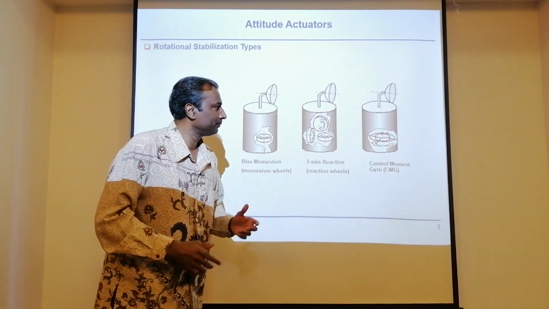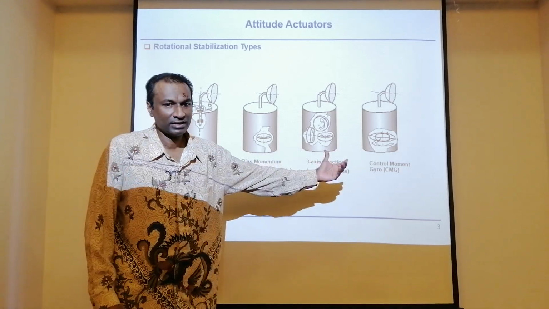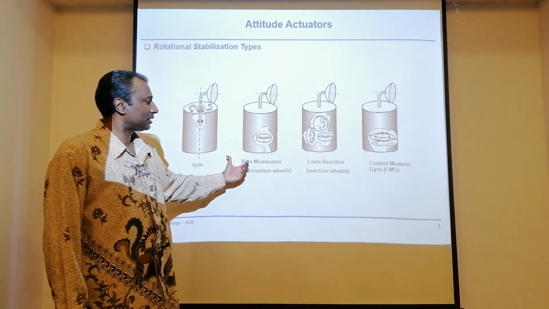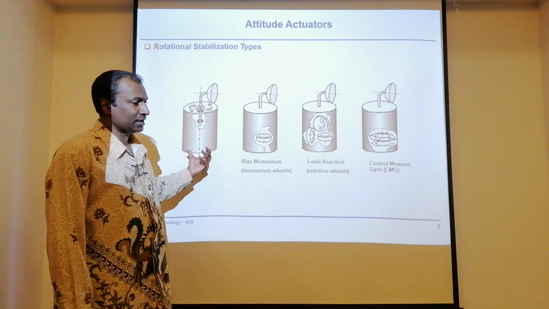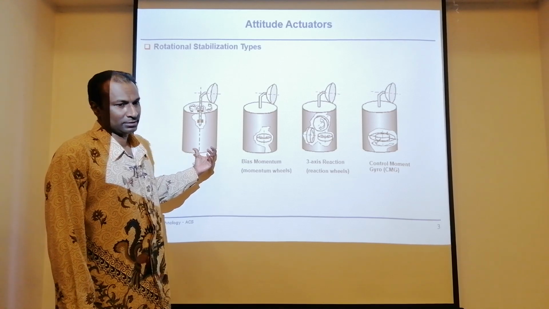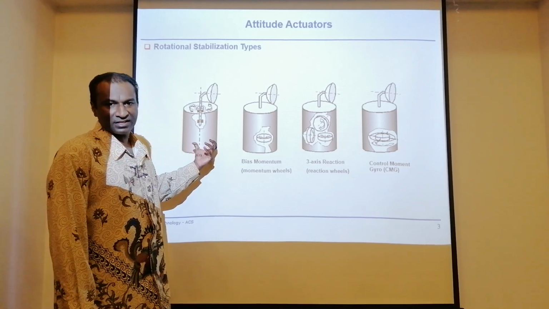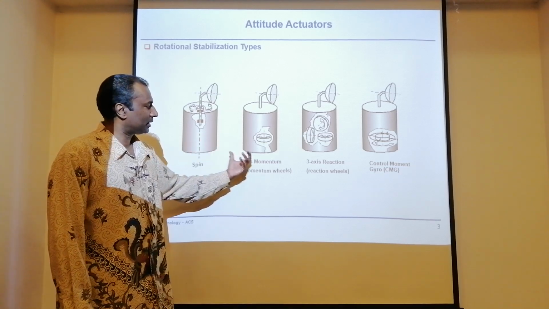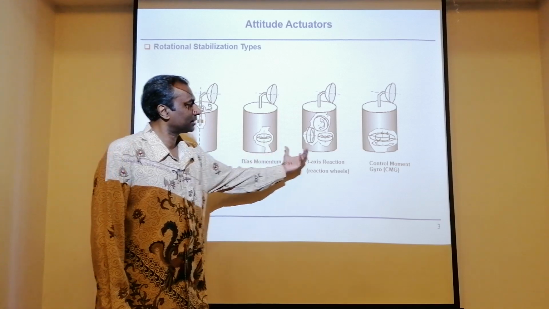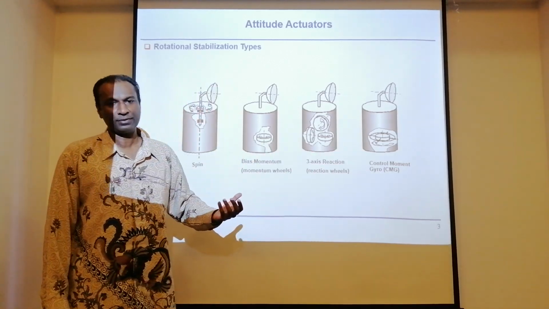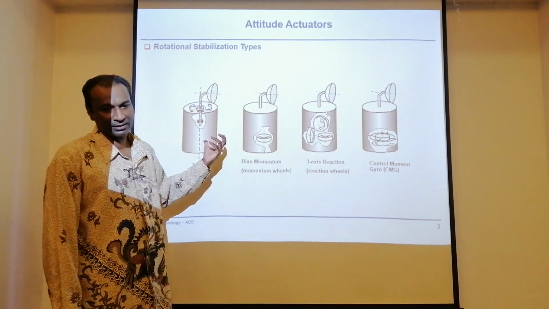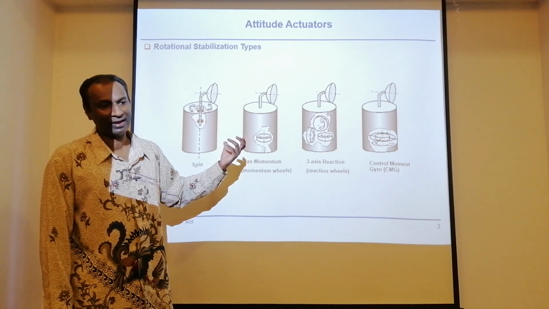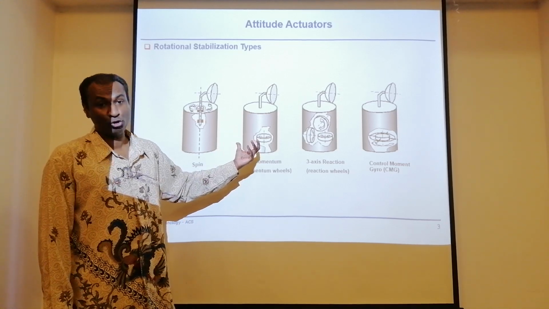Now, importantly, I have drawn here a cylindric satellite. But when you talk about the requirement for a spin stabilization satellite, preferably it is a cylindric volume. Other than that, all these satellites can look very different from the cylindric option that we have. This could be a cubical satellite.